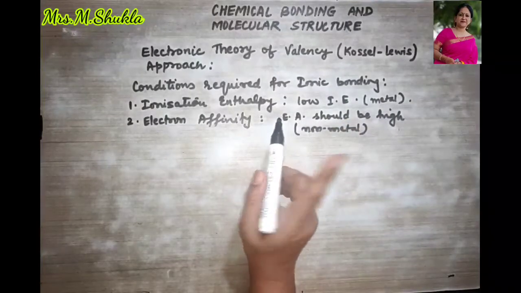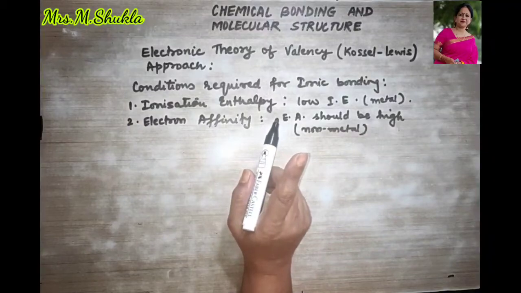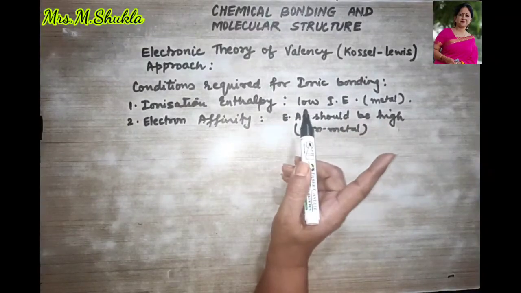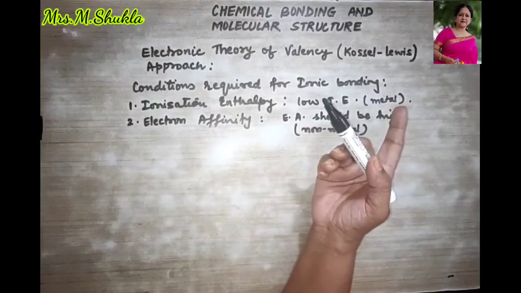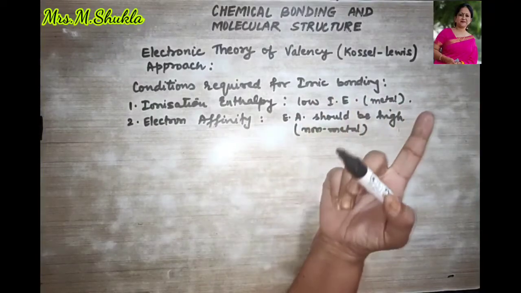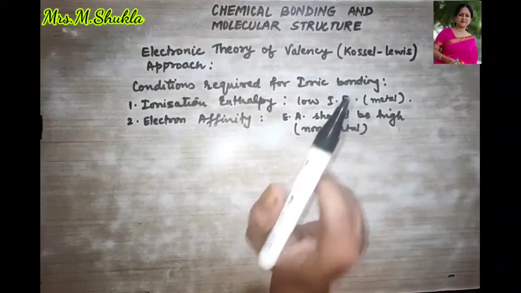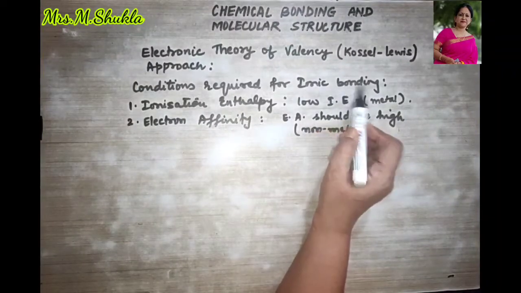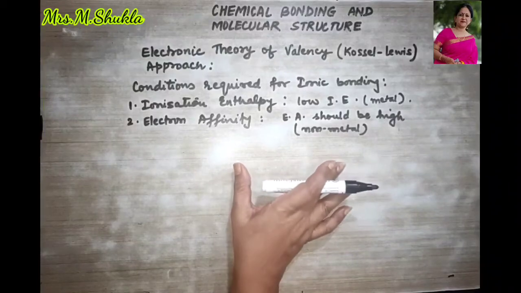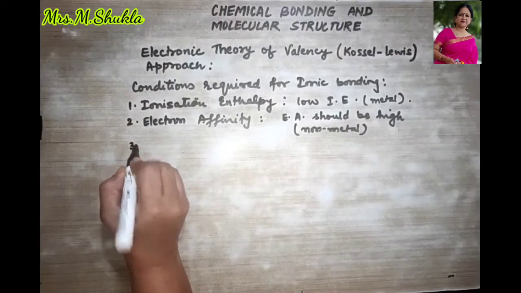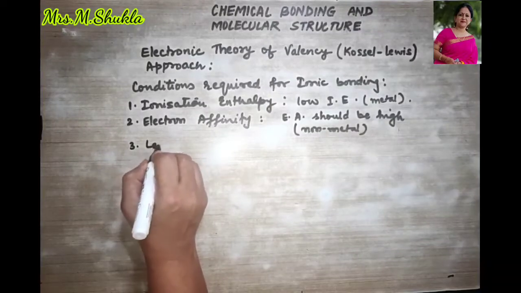The small size or low charge on the anion, which will favor the ionic bonds. Why? Because this factor increases the electron gain enthalpy. So we can talk about fluorine. So cesium fluoride is the best example which shows your ionic bonding. I hope this part is clear. Then let's talk about the lattice energy.